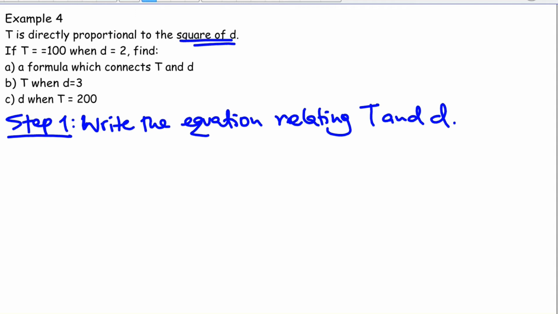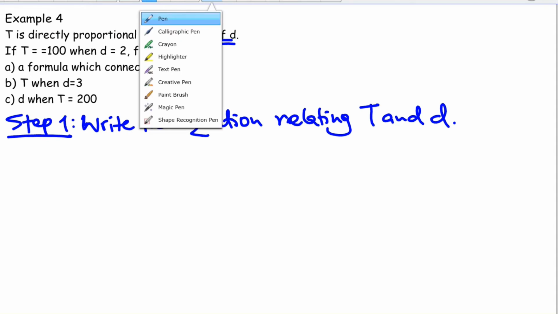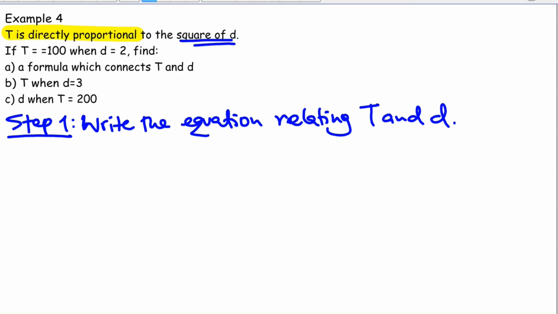Now, t is directly proportional to the square of d. And I'll start by writing this using a proportional statement.